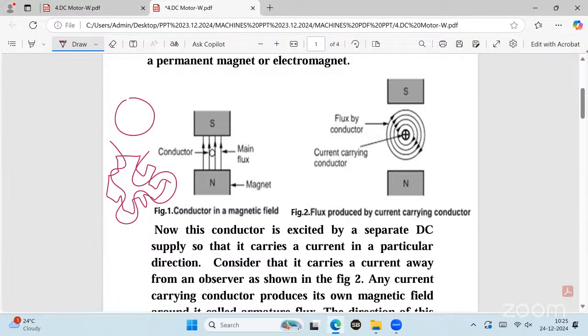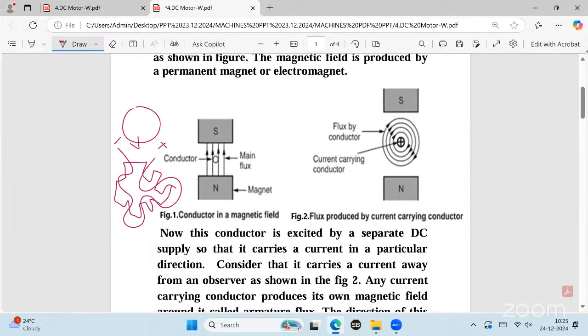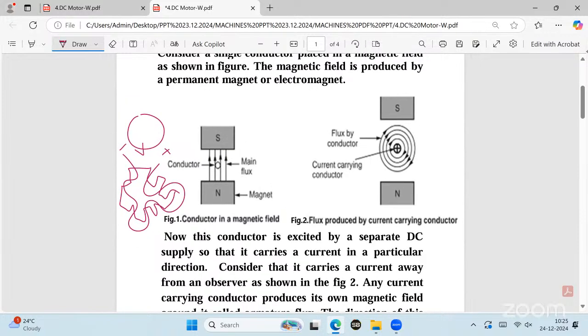Now I have given the voltage here, plus minus V. Same thing. Is the conductor given a voltage or not? Yes. This is the armature, plus minus V with the help of a battery. Now current I flows through the winding.